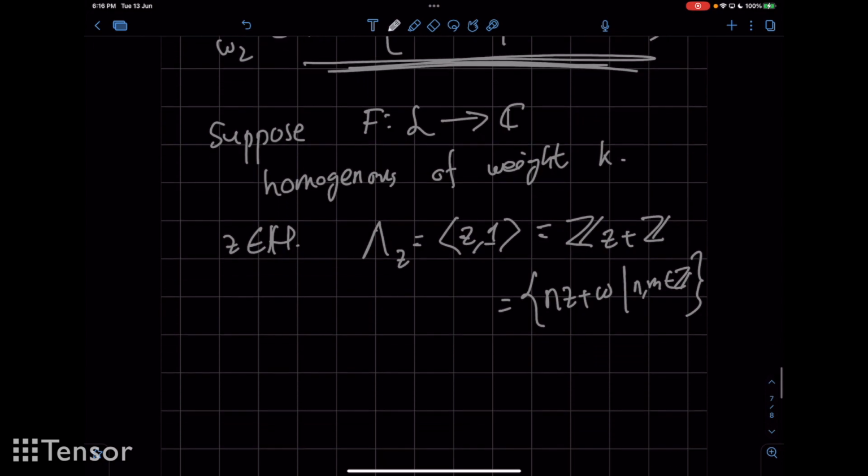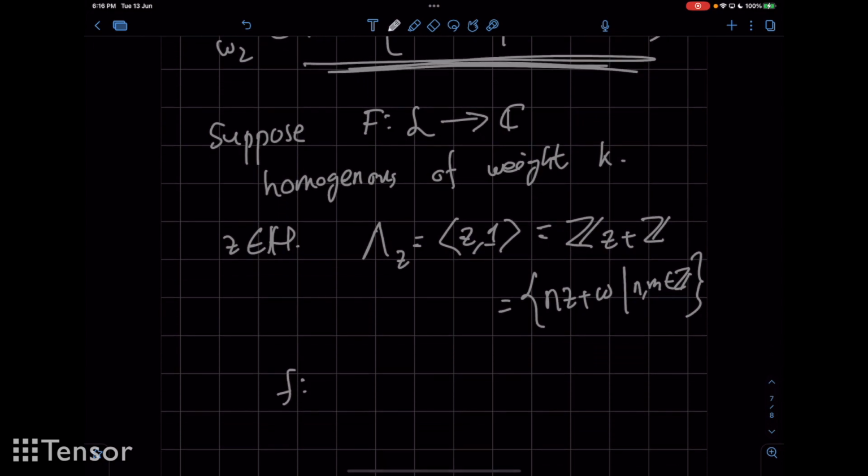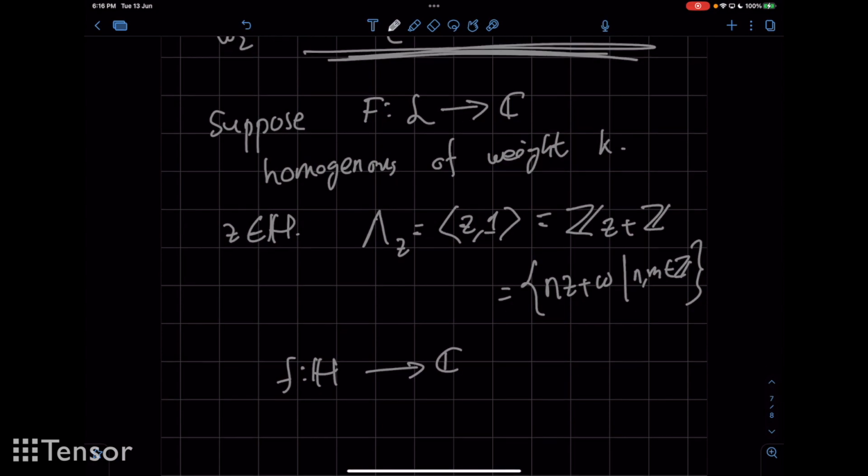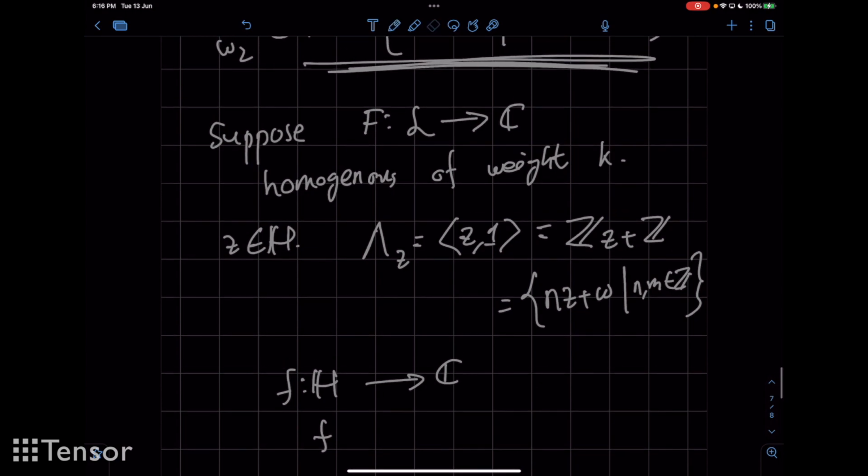Now we can define a function from the upper half plane to the set of complex numbers. So suppose I have a homogeneous function of weight k, and let's take a complex number in the upper half plane.